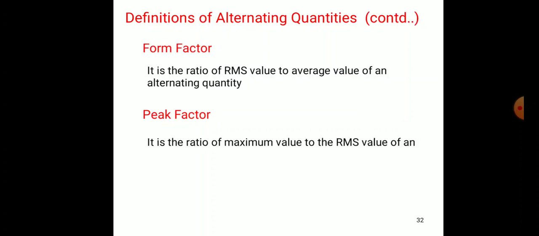Another important parameter is the peak factor. The ratio of maximum value to the RMS value of an alternating quantity is called the peak factor. The meaning is how peaked the alternating current is, compared with the value we are getting.